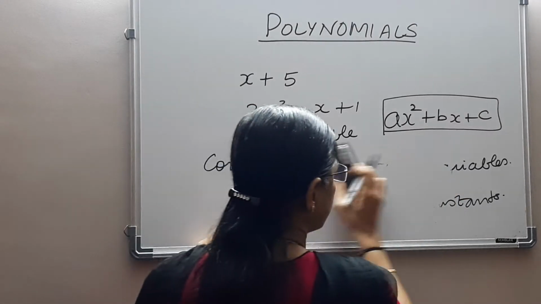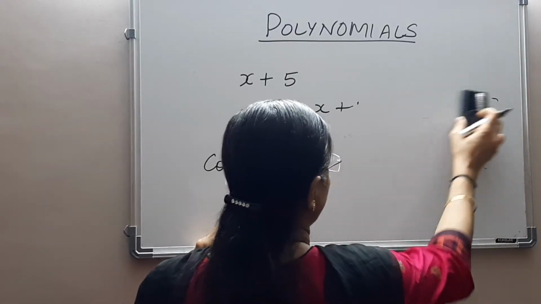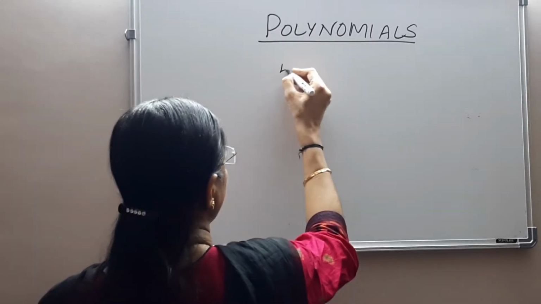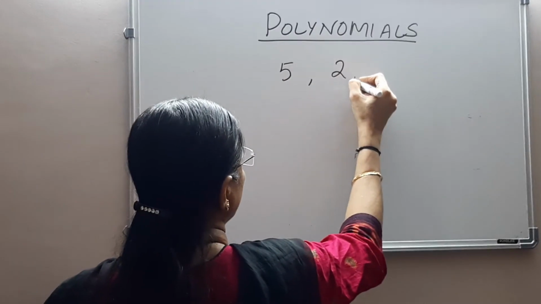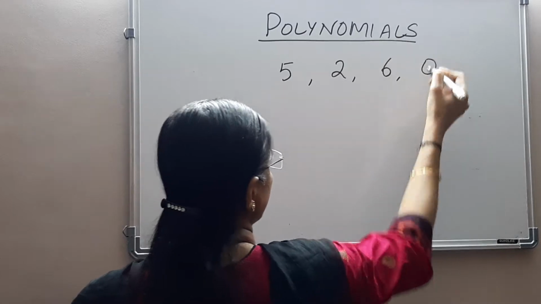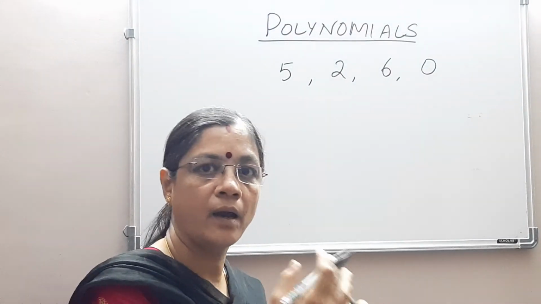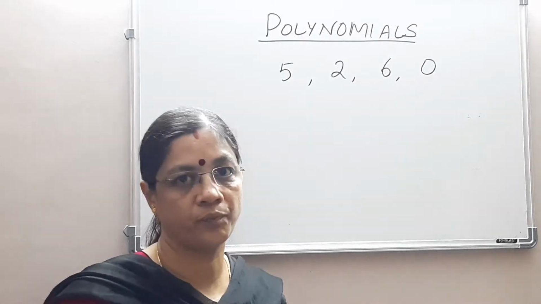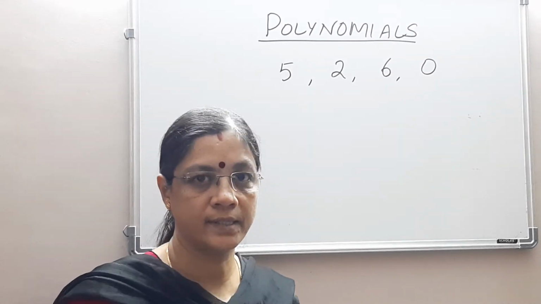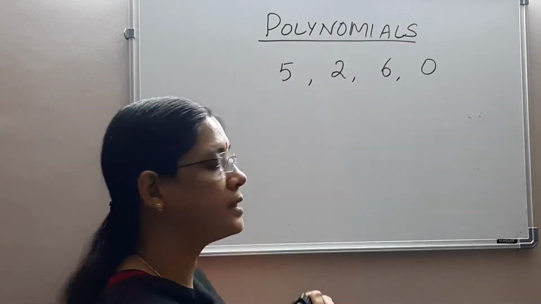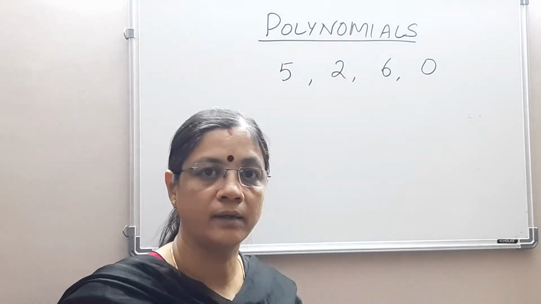And now the next thing we should know is, if I write just 5 or 2 or 6 or 0, we know they are constants, but they are called terms too. Terms which have only a single term. This itself is known as a term.